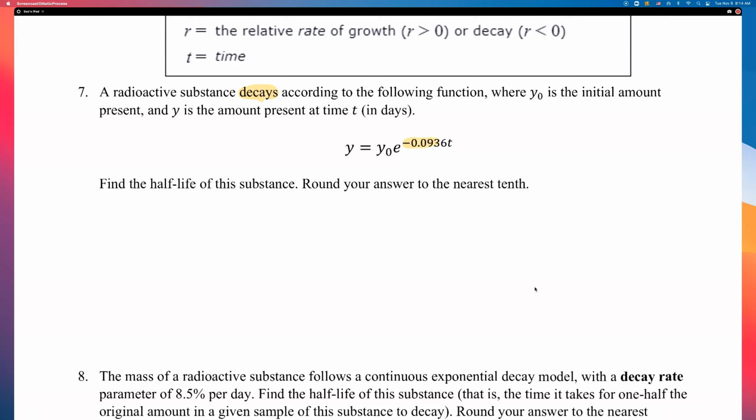The rate r is negative. Find the half-life of the substance. Round your answer to the nearest tenth.